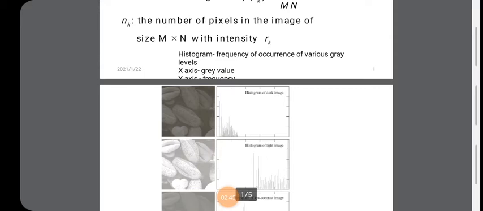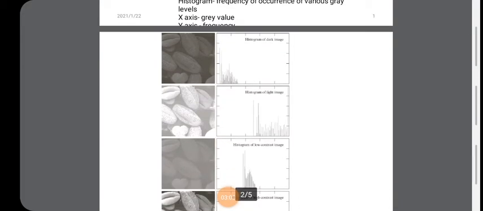Suppose the first picture is a black and white combination with gray values. We have more darker parts, so the histogram graph is near the zero side. In the second graph, there are more whiter parts and it is brighter than the previous figure, so the gray values will be near 255.